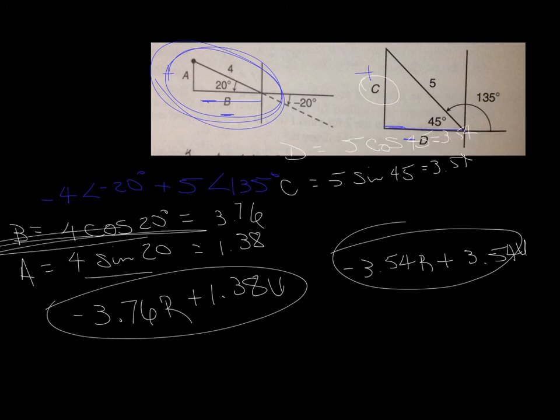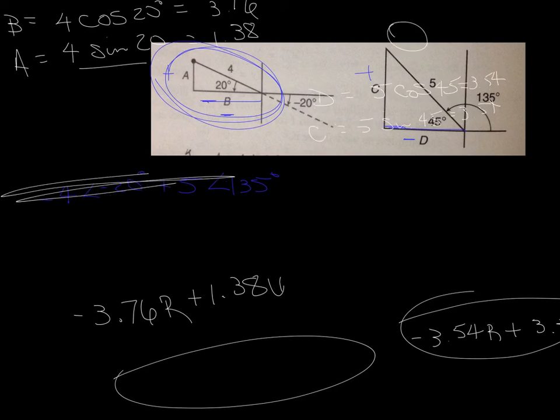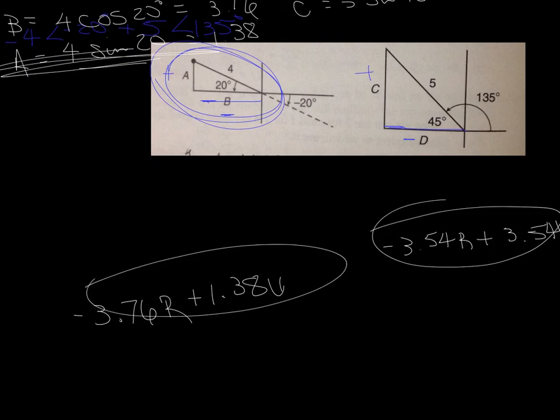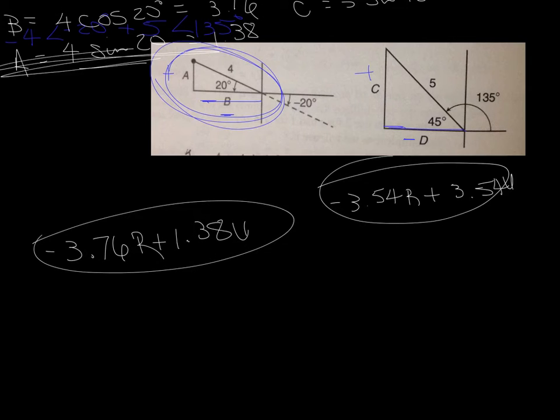So I'm going to add this and that together. I don't need my graph, I just need my two answers. I'm going to write it as negative 3.76 r and negative 3.54 r.